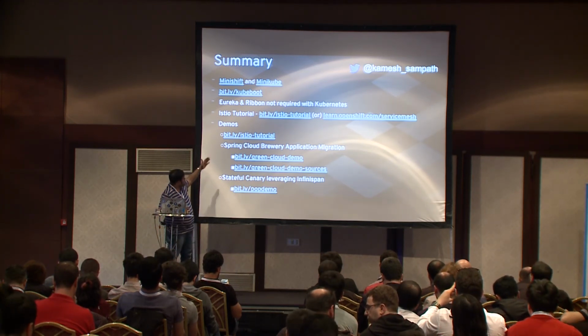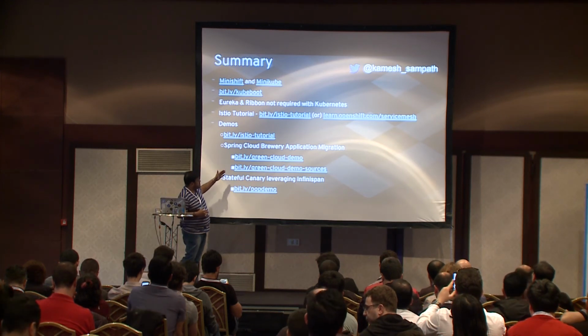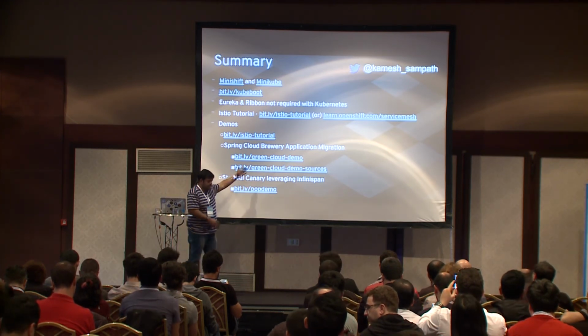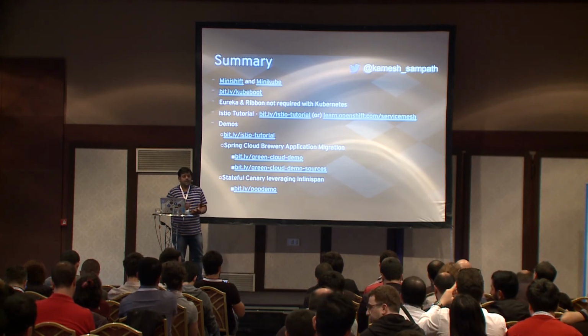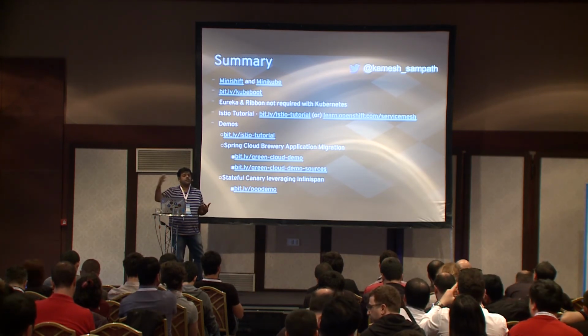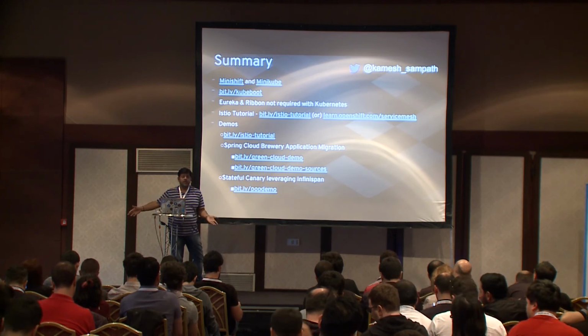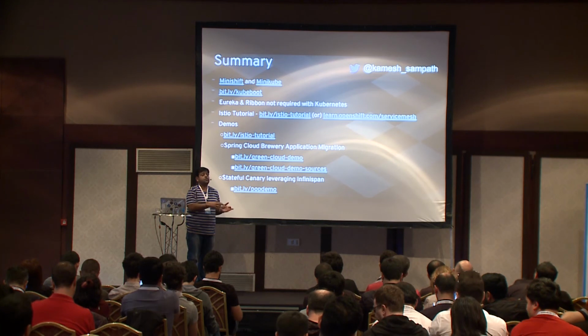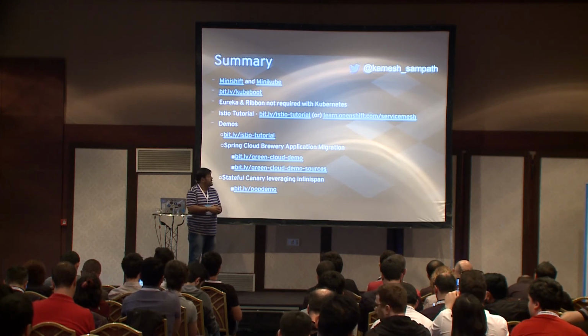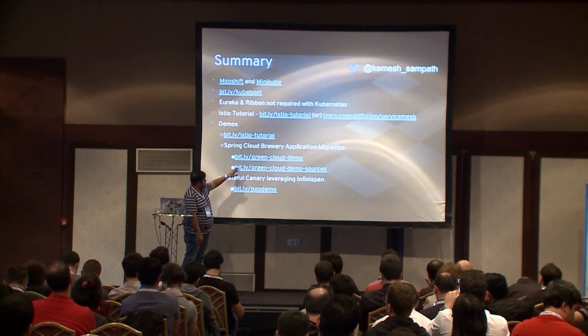And we also have a bunch of other demos. So we worked on something called the Green Cloud demo. What we did is we took a typical Spring Cloud application and made a step-by-step deployment onto the OpenShift and Kubernetes platform. We define what all is required for you to do the deployment, a kind of migration. So that helps you, and the demo sources are there.